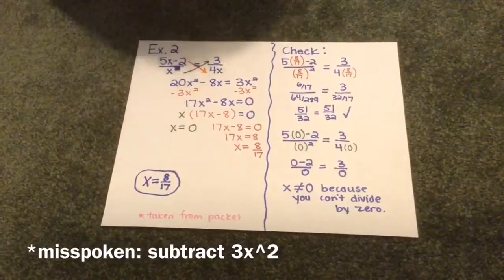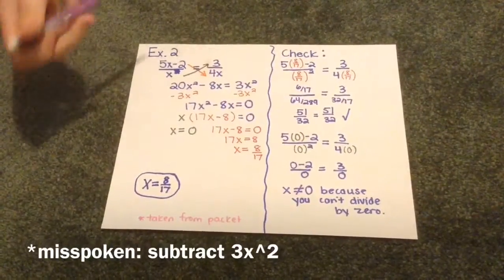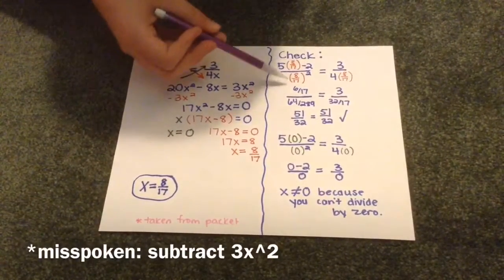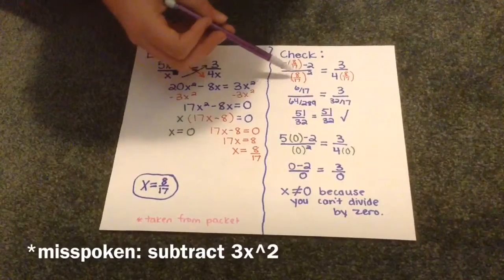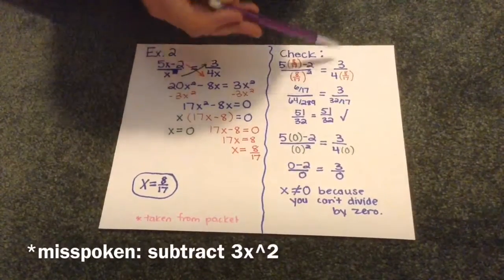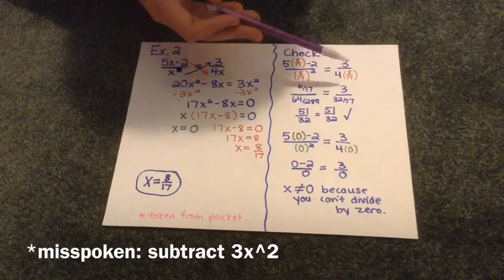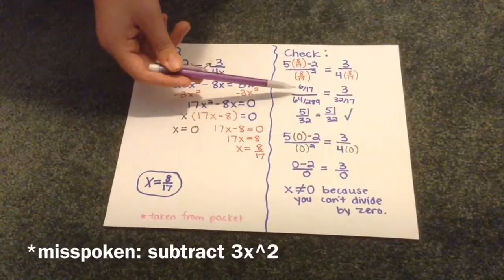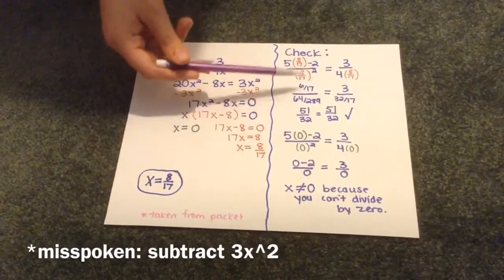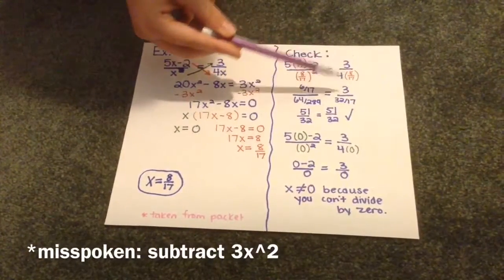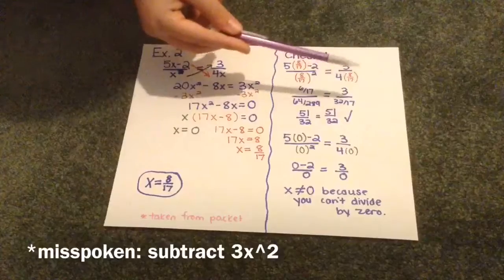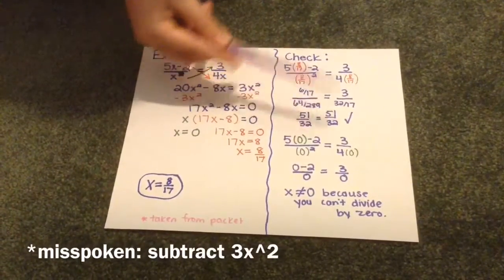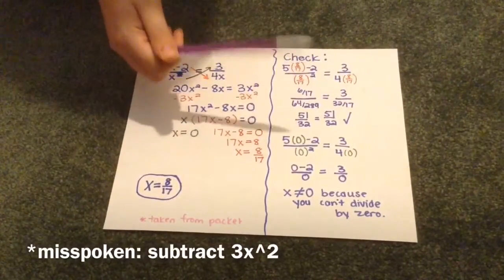So then you're going to check your answers as always. So 5 times 8 over 17 minus 2 over 8 over 17 squared equals 3 over 4 times 8 over 17. So then that would be 6 over 17 over 64 over 289 equals 3 over 32 divided by 17. So 51 over 32 is equal to 51 over 32, so that's a solution that is right.